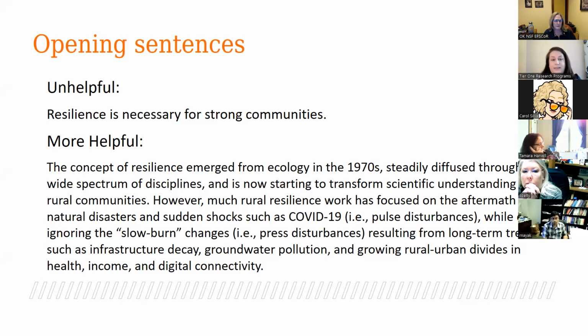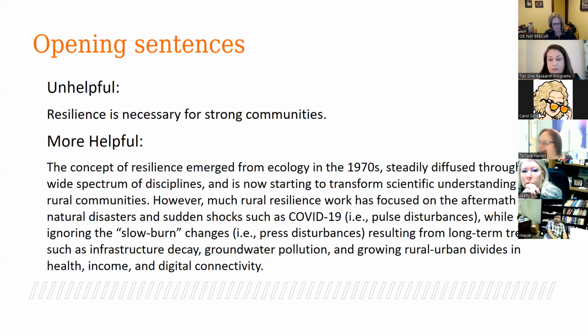So hopefully you can see there that you were providing some information that has a little bit of known information, but then some new information, and giving an overview, a very broad look at maybe what you're going to be talking about.